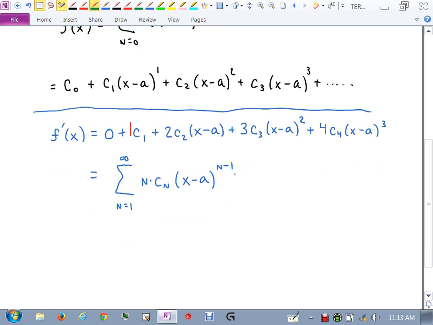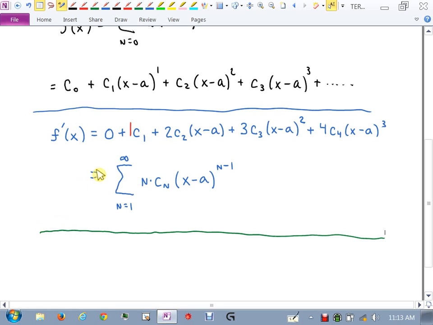All right, what about integration? So what would the antiderivative of f of x, with respect to x, be? Let's do it term by term. What's the antiderivative of c naught? C naught x.